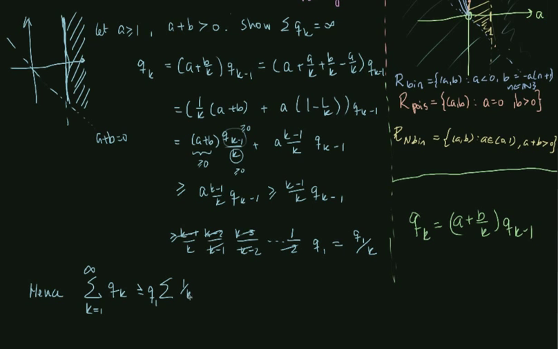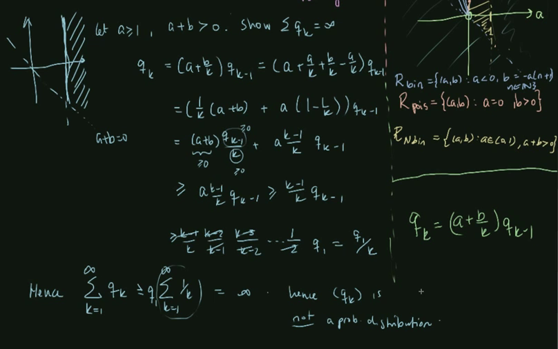And then I have the sum of 1 over K from K equal to 1 to infinity. And from analysis, we know that this sum is infinite. So this is equal to infinity. And therefore QK is not a probability distribution. Or we can also say it doesn't specify the point probabilities of a probability distribution.